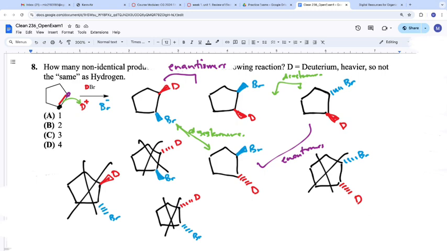Could that make a difference? Yeah, it could. What is that? I don't know. But would that deuterium potentially have an effect on this? Absolutely. You're changing the dynamics of that, which could change how the bromide potentially interacts. Maybe that deuterium is ever so slightly larger. I'm not convinced it is.